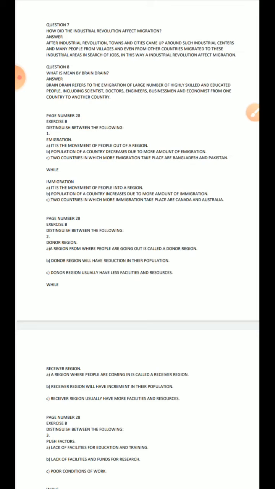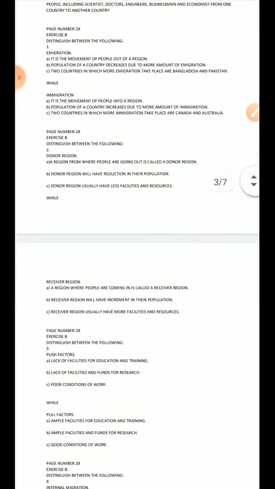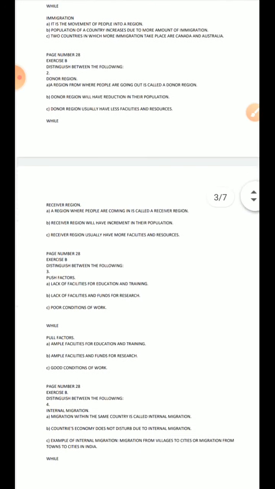Now coming to distinguish between, the second is for donor region and receiver region. So for donor region, first I'm reading, my 3 points are, you can write these same points. A region from where people are going out is called a donor region. A donor region will have a reduction in its population because people are moving out. A donor region usually has fewer facilities and resources.